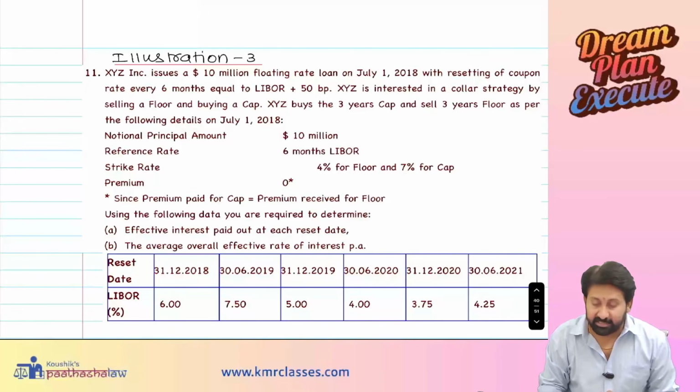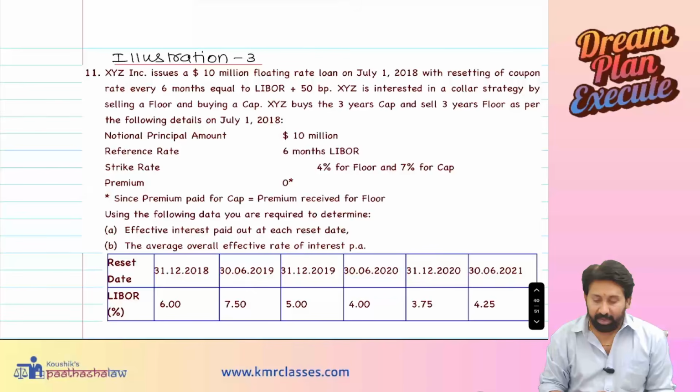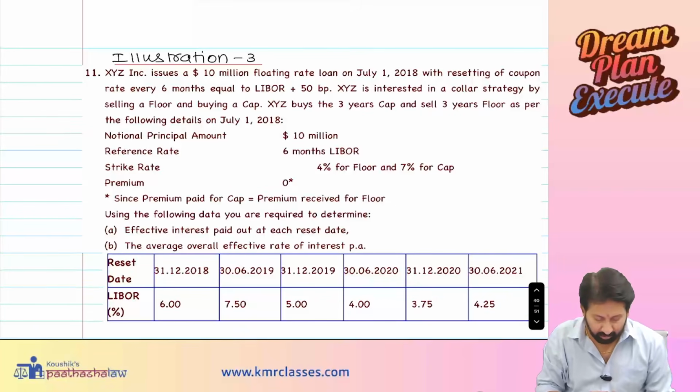XYZ is interested in a collar strategy by selling a floor and buying a cap. XYZ buys a 3 years cap and sells a 3 years floor as per the following details on July 1st, 2018. Notional principal $10 million, reference rate 6 months MIBOR, strike rate 4% for floor, 7% for cap. Premium is 0 since premium paid for cap and premium received for floor are equal.